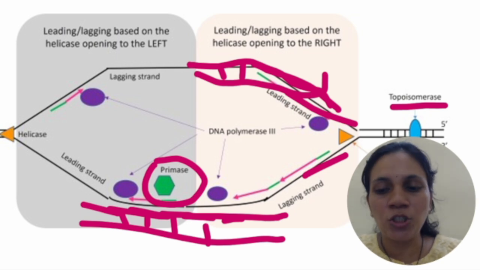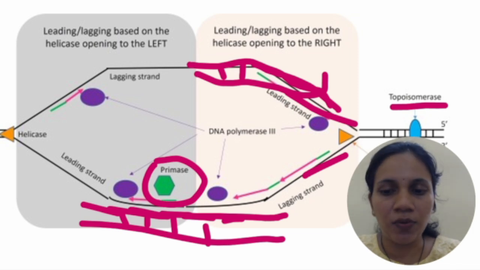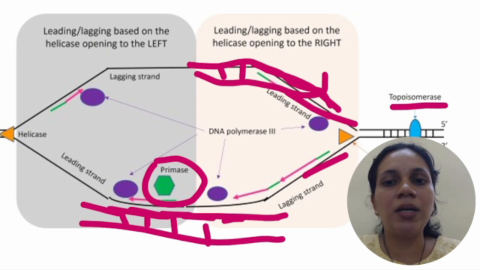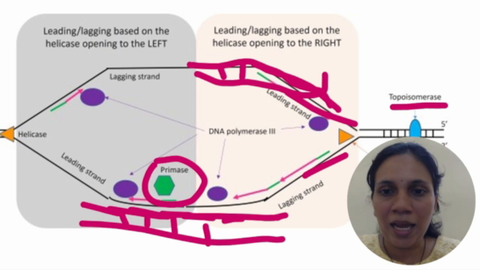So a quick revision: we know that DNA replication is semi-conservative in nature. It was proved by Meselson and Stahl using ammonium chloride, based on the differences in density. Then the main enzymes involved, as mentioned in your syllabus, are DNA dependent DNA polymerase and ligase.